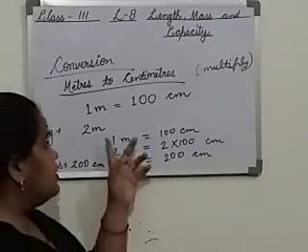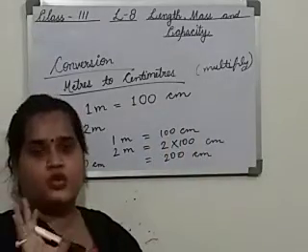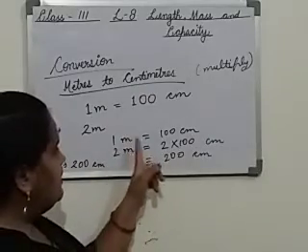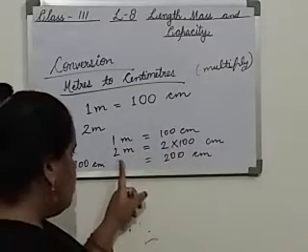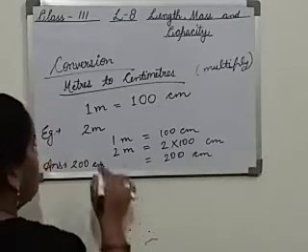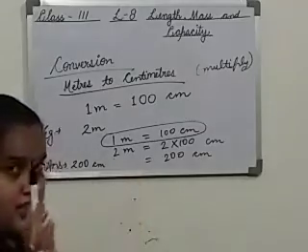Don't just write 2 meter equals 200 centimeter. No direct answer. You always have to show 1 meter equals 100 centimeter. Therefore, 2 meter equals 2 multiply 100 equals 200 centimeter. This formula is very important. Keep this in your mind.